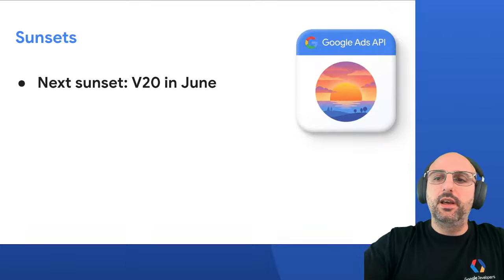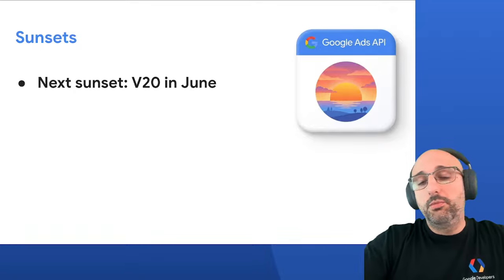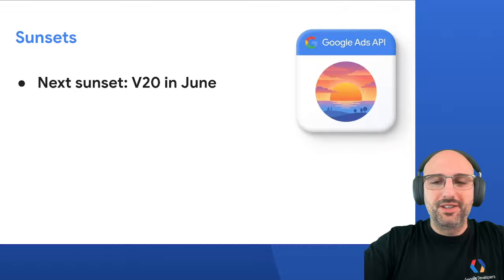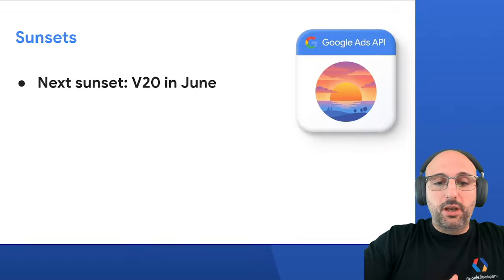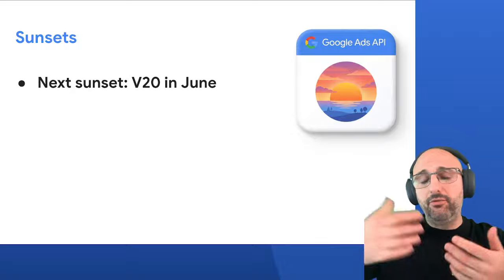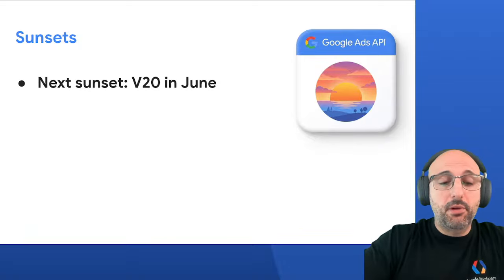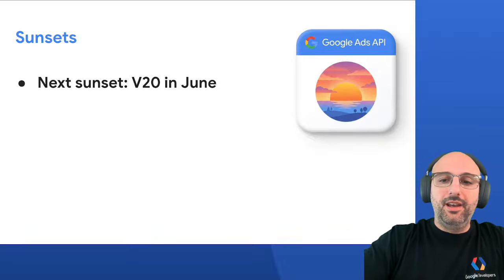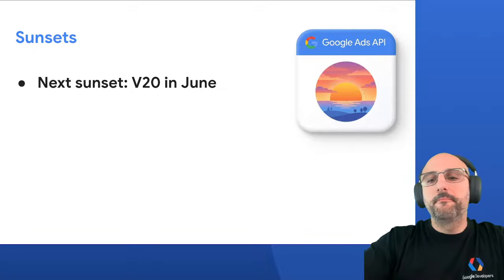V20 came out in summer of 2025, and it will be sunset in summer of 2026. V23, which came out in January, is going to be sunset in January next year. And V24, which is coming up next month, is going to be sunset in April 2027.